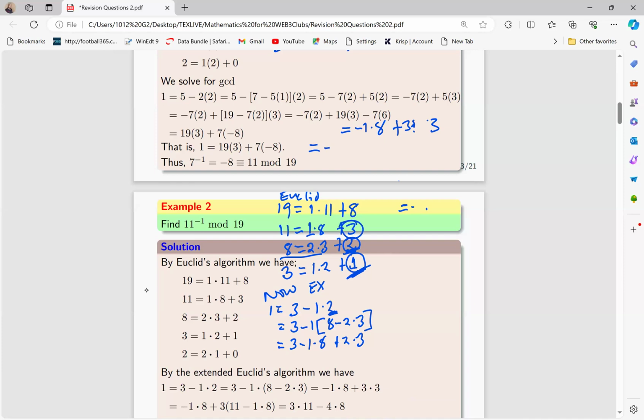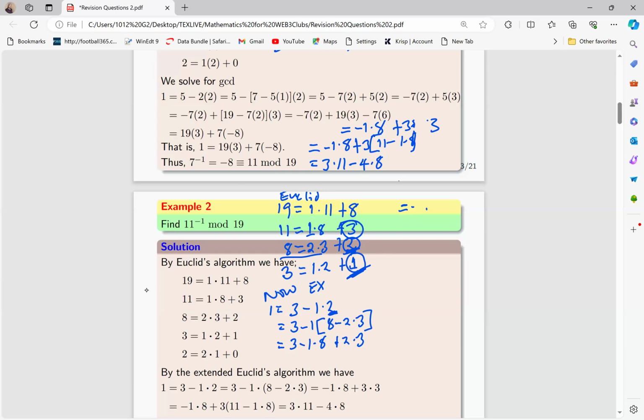This will give me -1 multiplied by 8 plus 3 multiplied by, instead of that 3, we write the equivalent, which is 11 minus 1 times 8. So this gives me 3 times 11. And this will be -3 times 8. And there's a -1 times 8, which is then -4 times 8.